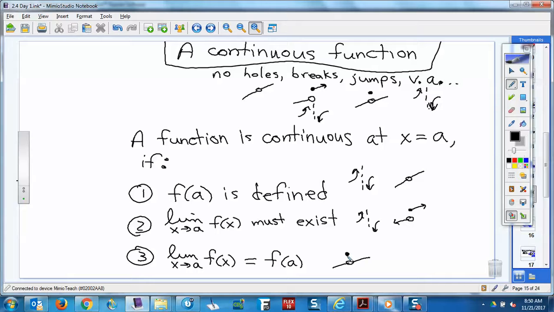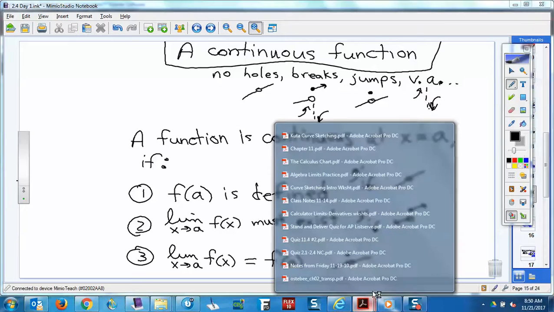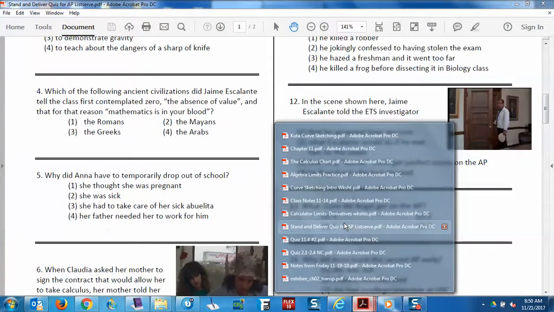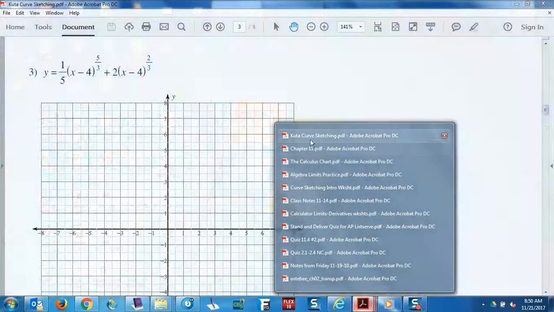All right. So really, for that quiz, that's it. So what are we going to do here? I was going to save the algebra practice limits for after break, because I think it would be good to go back to that.